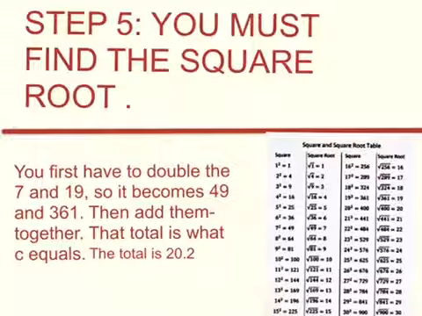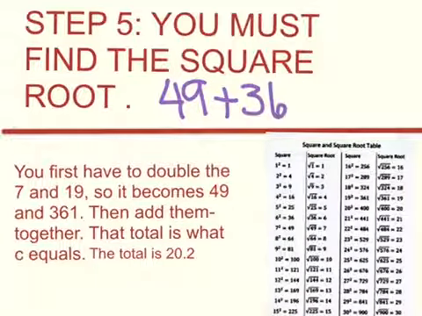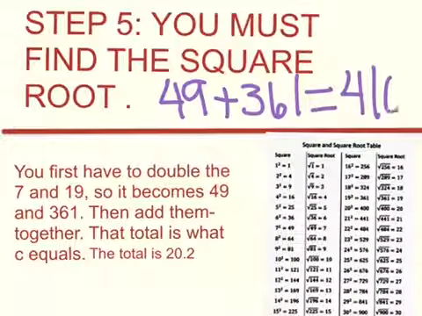You have to add 49 plus 361, which equals 410.